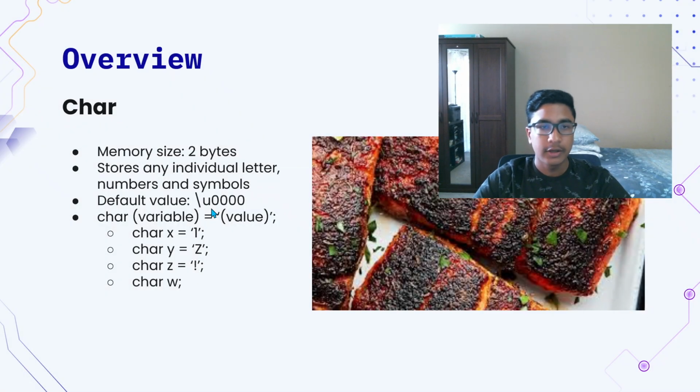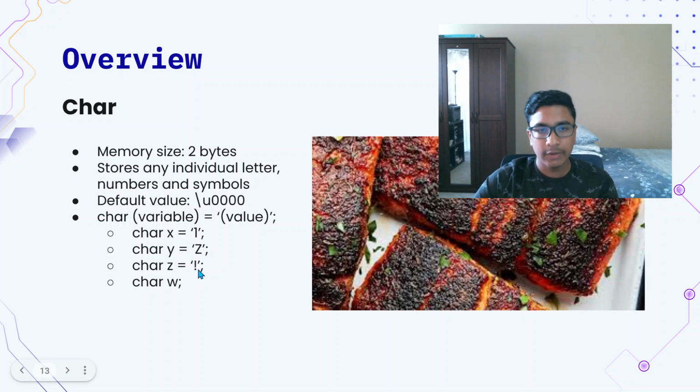Next is char. It's 2 bytes and can store any individual letter, number, and symbol. Its default value is Unicode 0000. If you don't know what Unicode is, it's a simple way of assigning a number value to letters and symbols. For example, the number 1 will have a Unicode, and the letter z will also have a Unicode.